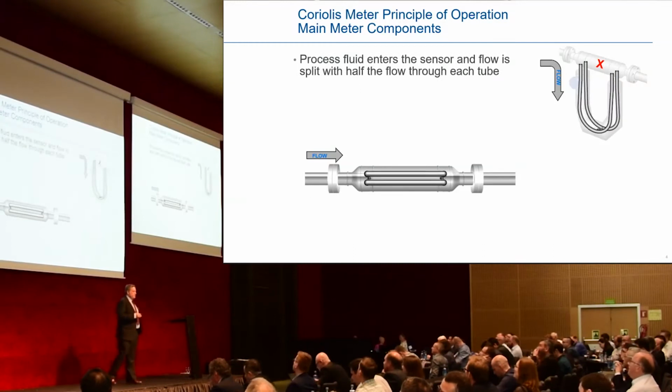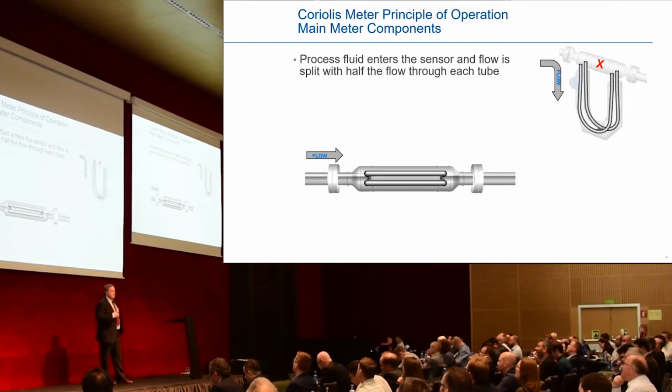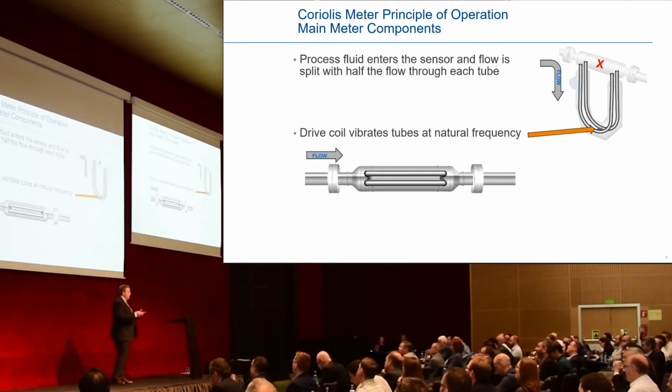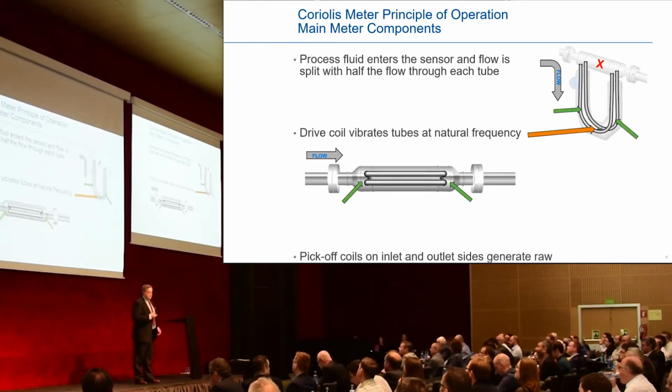So Coriolis meters have some very basic components, starting with vibrating flow tubes. We vibrate the flow tubes to create a rotating frame of reference, and I'll explain that some more when we talk about the physics. To keep them vibrating, there's a magnet on one tube and a coil on the other, and without touching each other, they're able to apply a sinusoidal force to keep the tubes vibrating at their natural frequency.